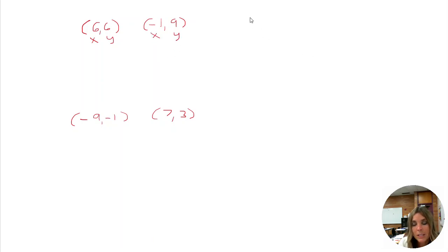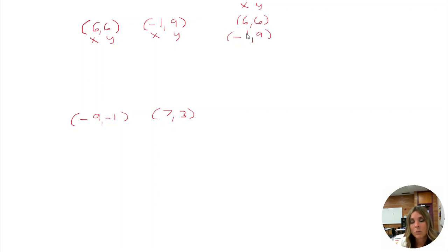So without actually graphing these 2 points, I want you to take your 2 points and stack them like this. Now if we were to plot these 2 points, then 6 and -1 would be our x's, and the 6 and 9 would be our y's.